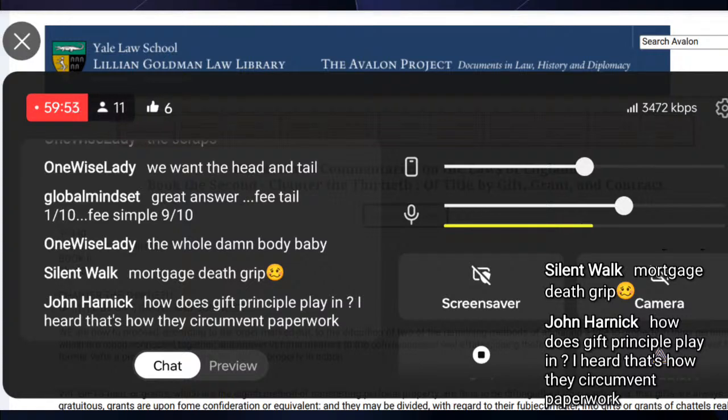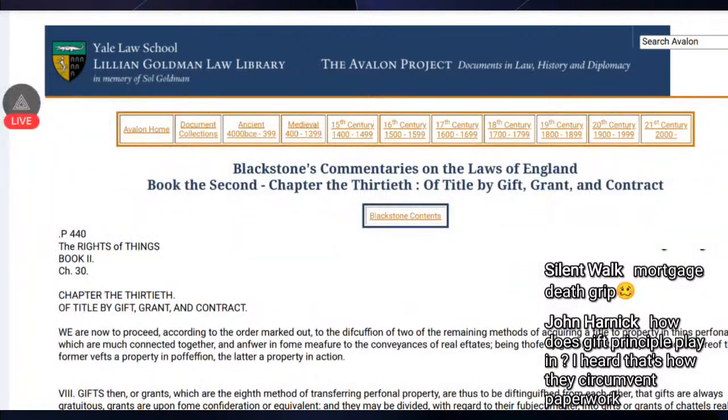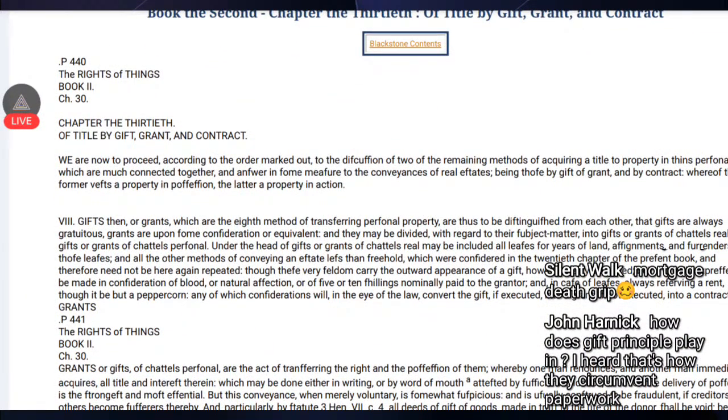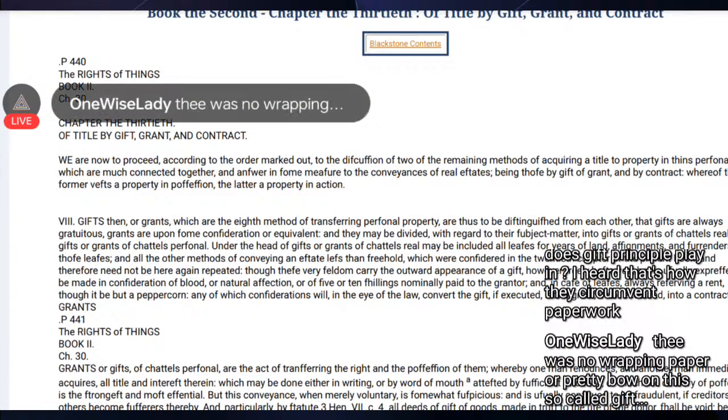Oh, I'm about to cover that. Which are much connected together, and answer in some measure to the conveyances of real estates, being those by gift or grant and by contract, whereof the former vests a property in possession, the latter a property in action, or an interest.